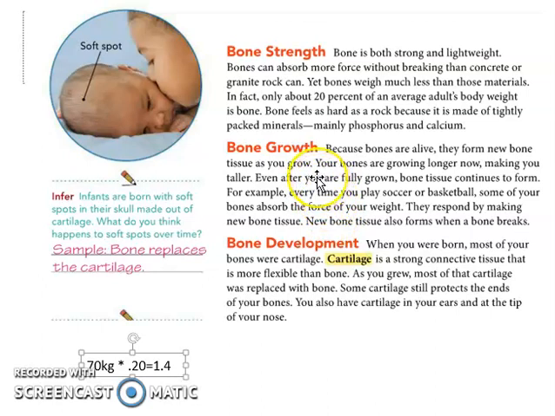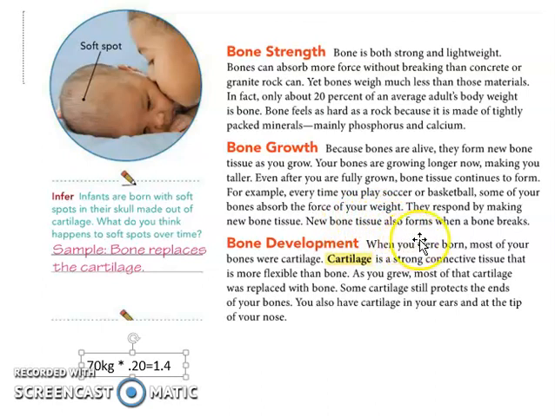Your body is growing longer now, making you taller. Even after you are fully grown, bone tissue continues to form. For example, every time you play soccer or basketball, some of your bones absorb force from your weight. They respond by making new bone tissue.